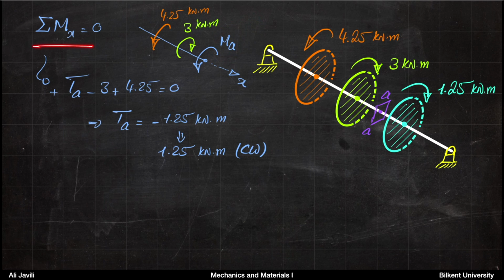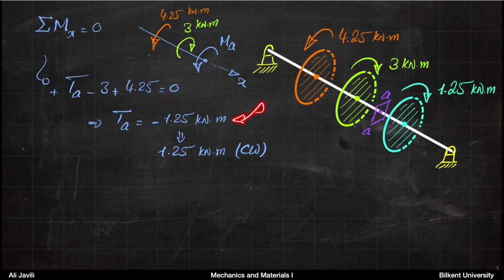So you write the sum of moments with respect to the x-axis is 0, and assuming counterclockwise is the plus direction, you get plus TA minus 3, because it's in the clockwise direction, plus 4.25, with a plus because it's counterclockwise, is 0.